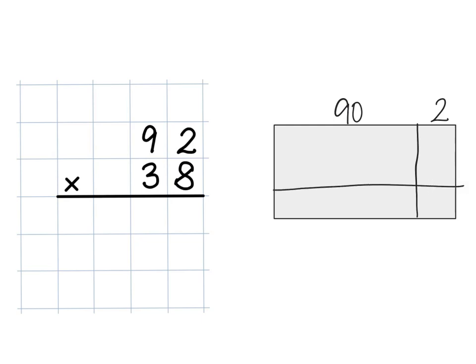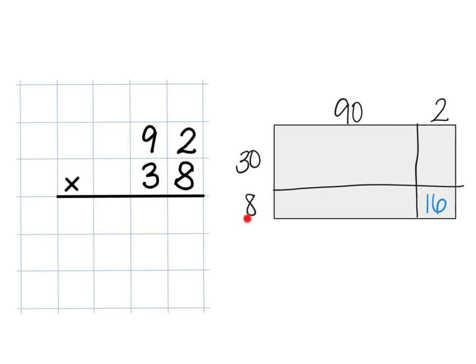And on the side we will have 30 and 8 to make 38. As always with multiplication, we start in our 1s column. 2 times 8 is 16. Then we'll do 90 times 8.